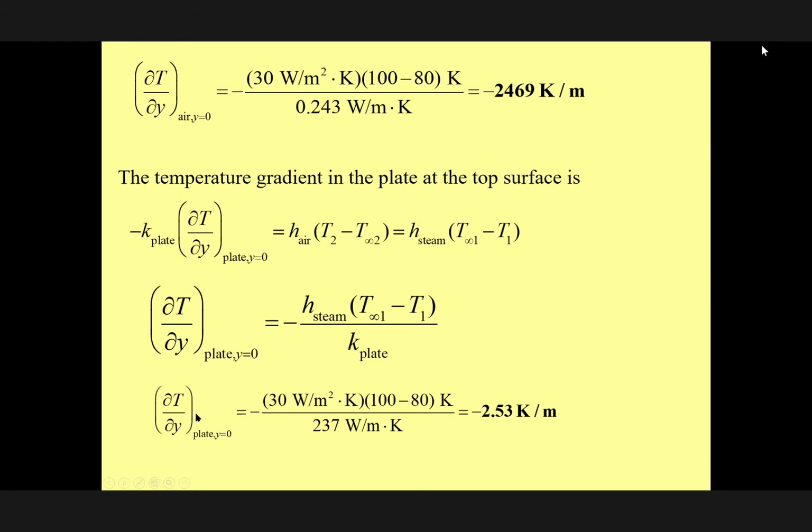I can calculate here, and for the steam, I find it becomes 2.53. Okay, and the whole idea here is that we're talking about a steady state scenario. Whatever heat transferred from the plate to the surface is the same as going from the surface to this, and so on. Okay, therefore we can calculate this temperature right here.